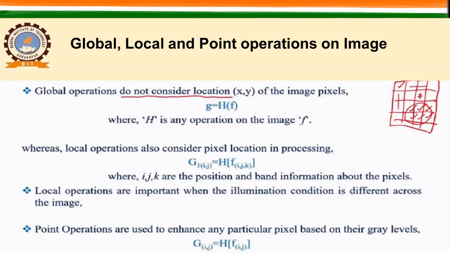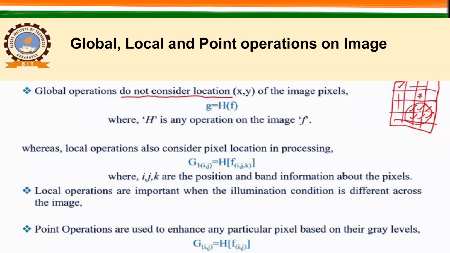So what happens in a global operation? We do not consider the location of the image pixel. Location means you have an image. An image is basically DN numbers, and basically this is a matrix. So how do we define the position of a matrix element? Using Cartesian coordinates.